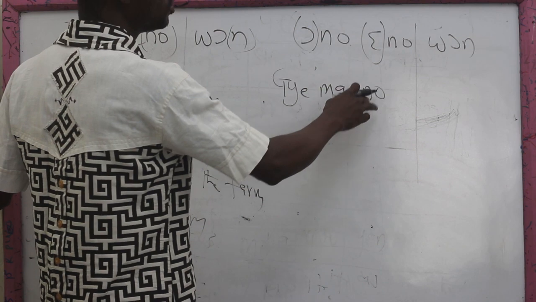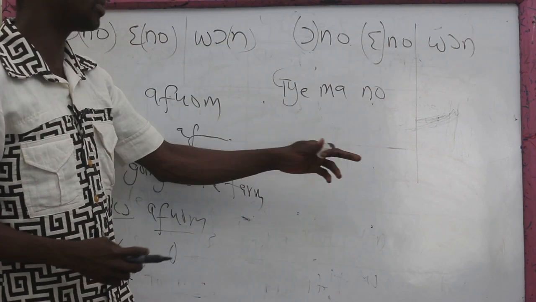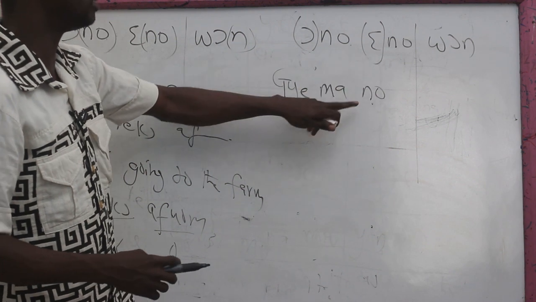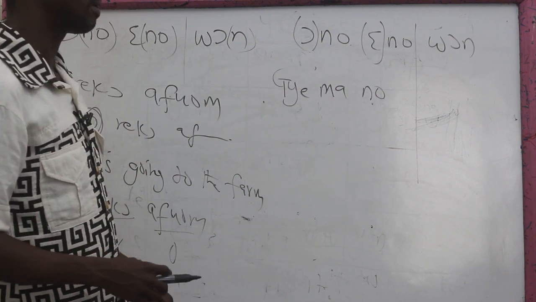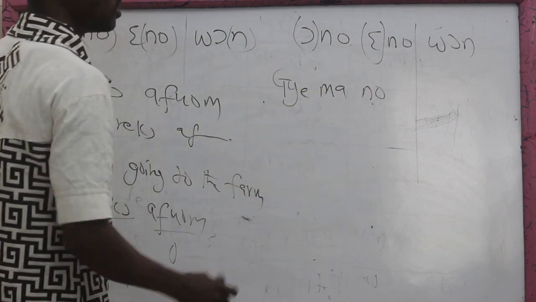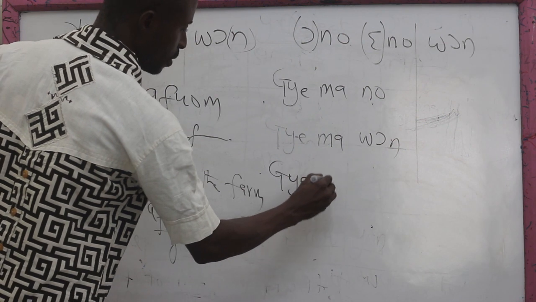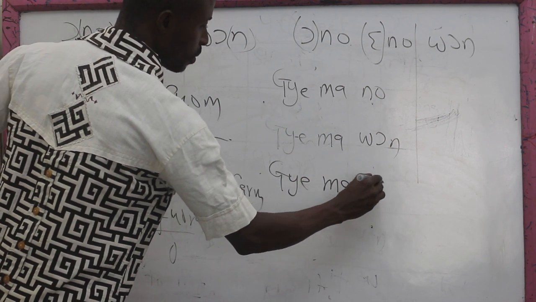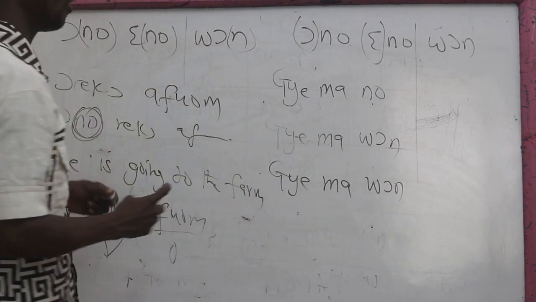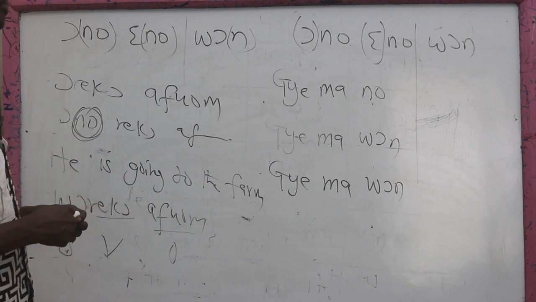Or jemanu. Give it to it. Jema eno is the same thing. You just delete this one and bring the no. But with the plural in the object case, you write it in full. Jemawon. Give it to them.